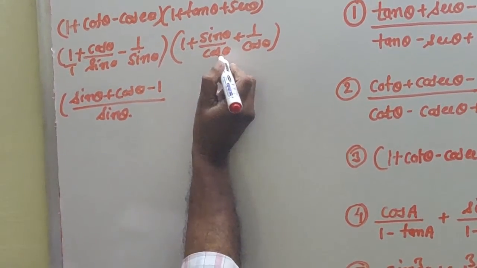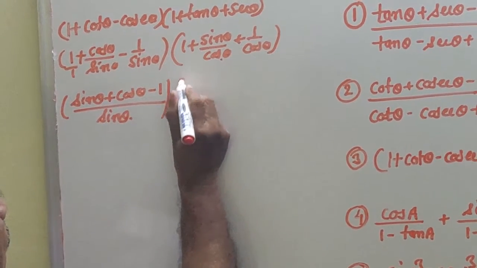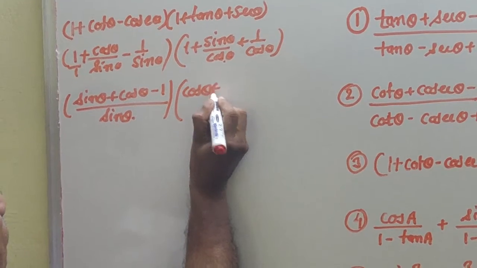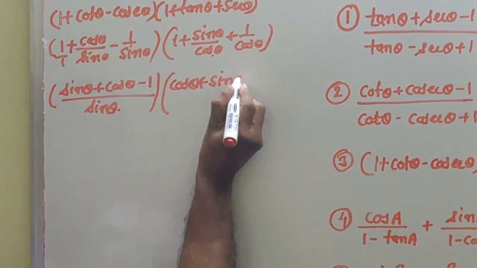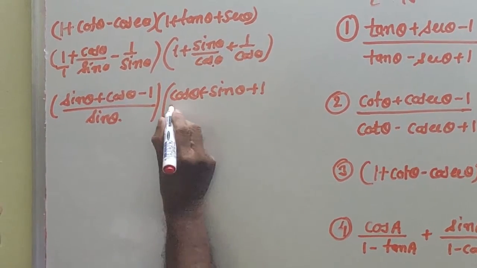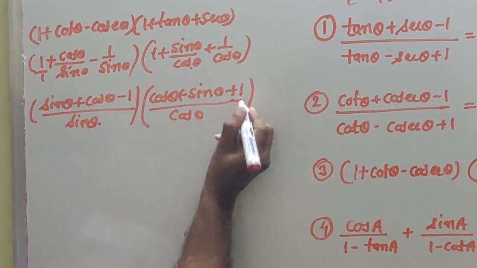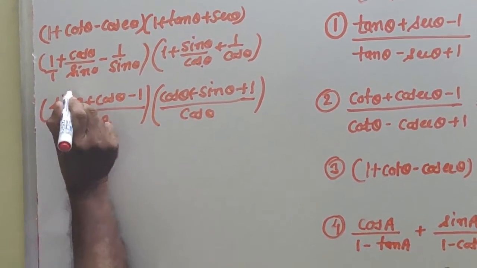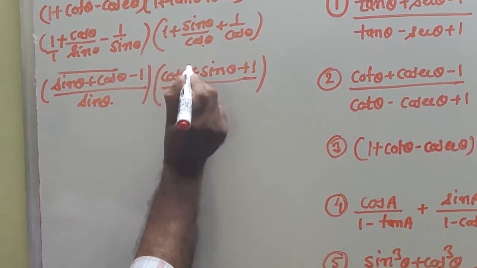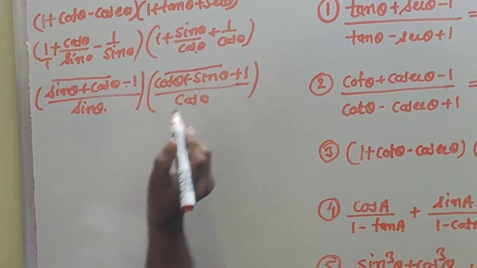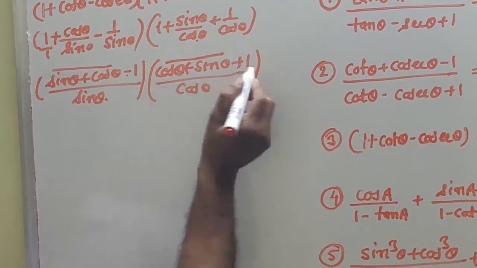Now when I take the LCM here, what will come? Cos theta will come here, plus sine theta will remain the same, plus 1 will remain the same, and cos theta. Now when we observe the numerator of both the terms, these terms are equal. Here minus 1 is there, plus 1 is there, means a minus b, a plus b.